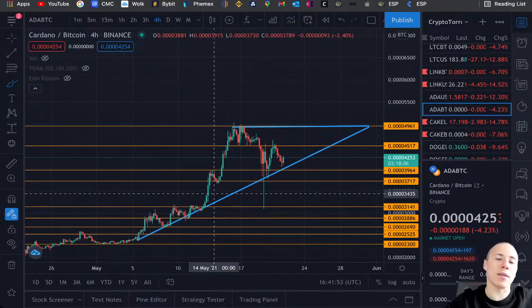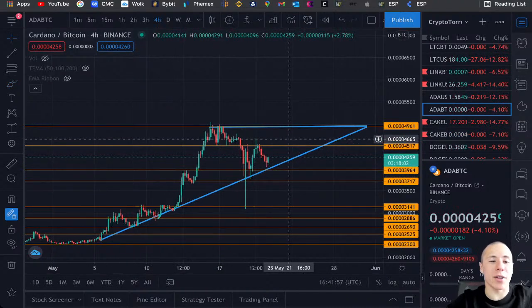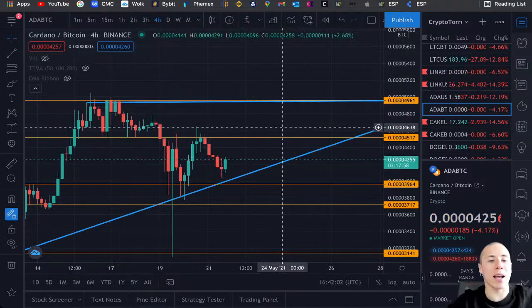So this is a trend line with a lot of significance. If you ask me personally, I think it is very important to stay above it.